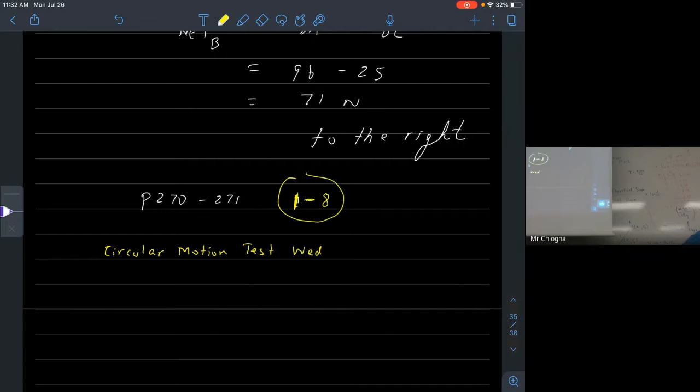Circular motion includes orbiting bodies. There are about 10 multiple choice. I'm just giving you some examples of what to go over.